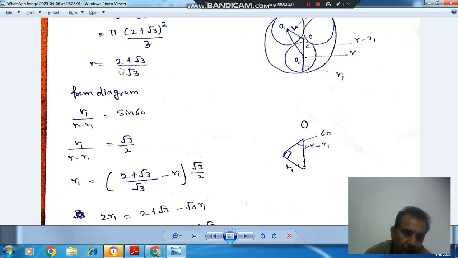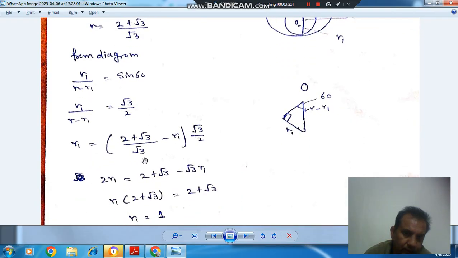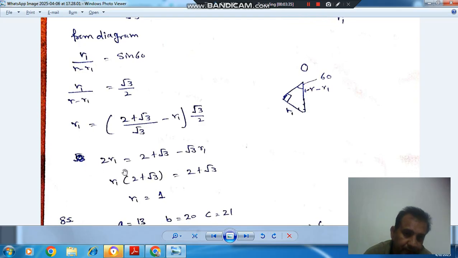We can put the value of R here: (2 + √3)/√3 minus R1, into √3 by 2. If we take the LCM, √3 will cancel out, and 2 will come here: 2R1 equals 2 + √3 minus √3R1. Solving for R1, 2R1 plus √3R1, so we can take R1 common, and 2 + √3 is already there, so R1 comes out to 1.